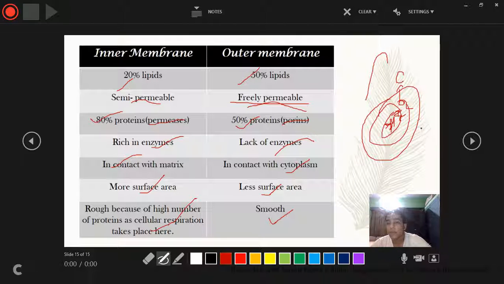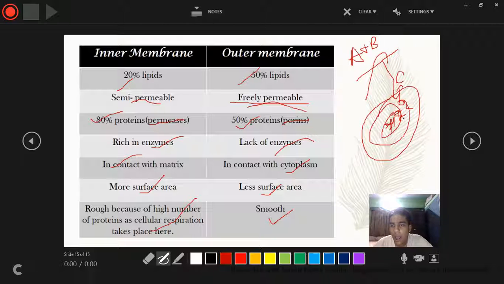So what will happen to the rejected materials if the inner membrane selects some material? Suppose A plus B come through the outer membrane. The outer membrane is freely permeable. Anything can come inside. He is open-minded, open-hearted, so he allows everything.